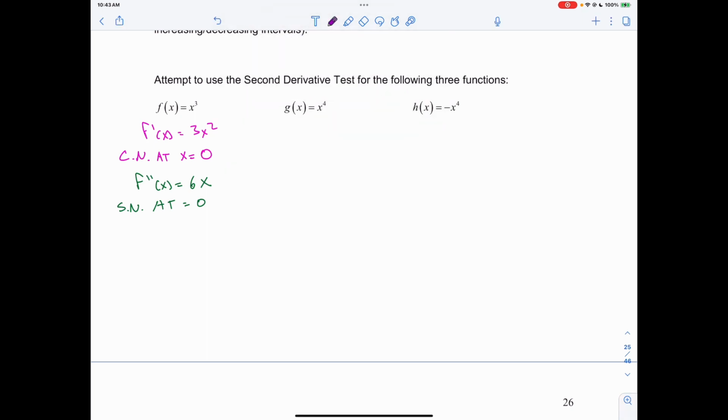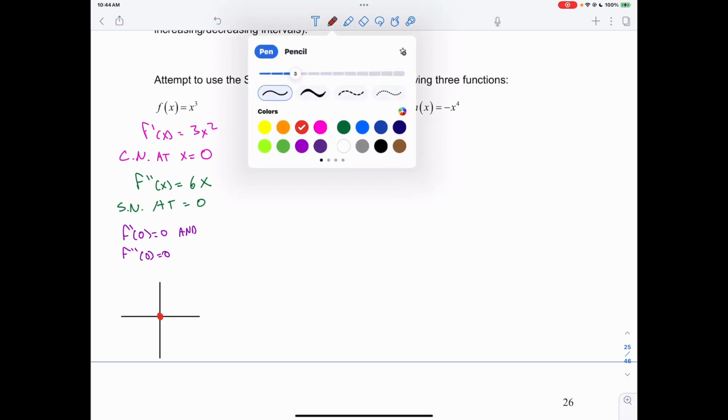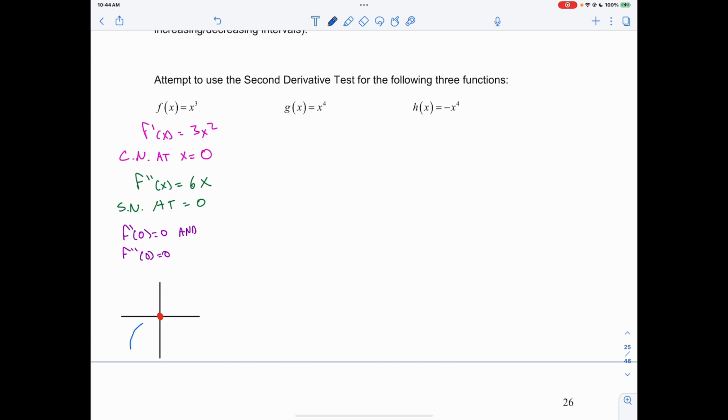So in this case, f prime of 0 is 0, and f double prime of 0 is 0. When I graph out this example, right at the point (0, 0), it would be a point of inflection. It's not a local min or a local max.